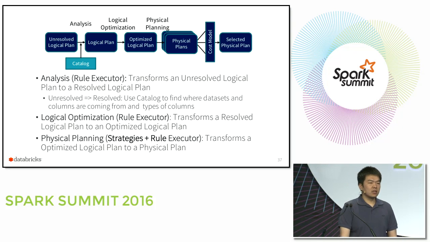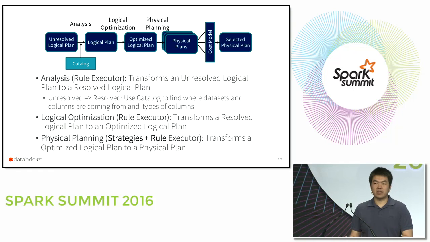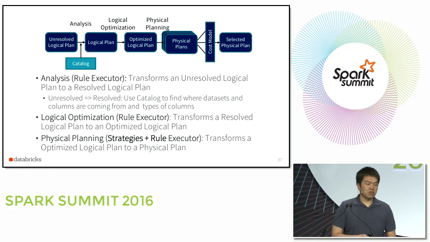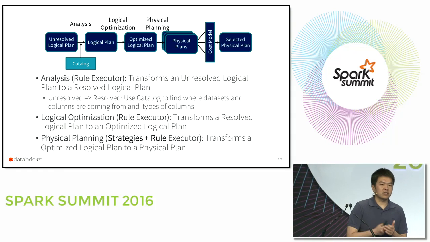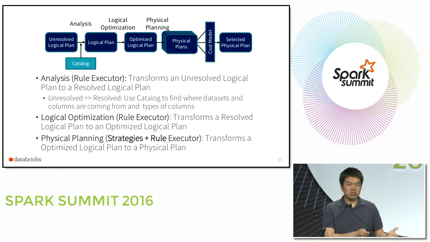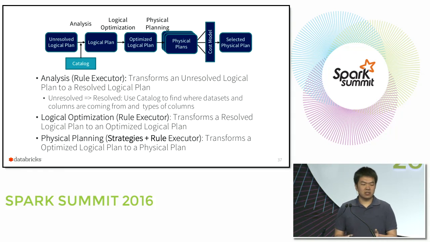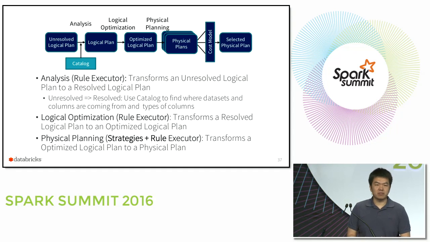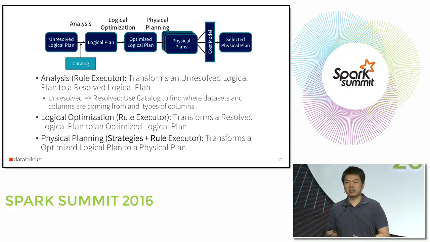And finally, we need to convert the logical plan to the physical plan, which will be submitted to Spark for execution. So we have physical planning, which is implemented using both strategies and the rule executor. It basically transforms an optimized logical plan to a physical plan. Let me talk a little bit about the physical planning, because it uses both strategy and the rule executor.